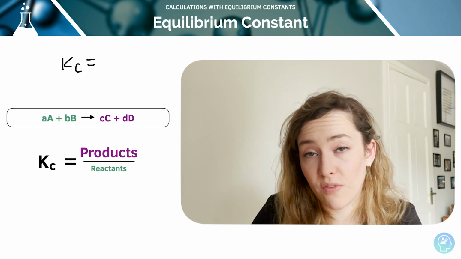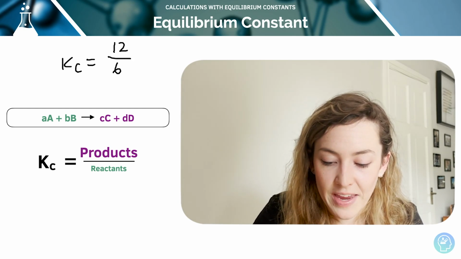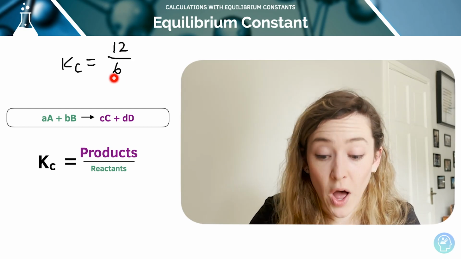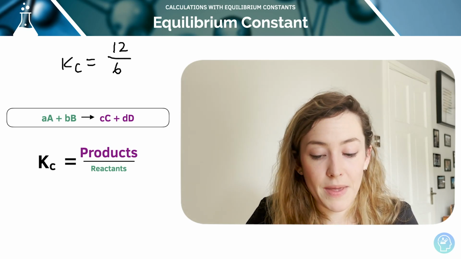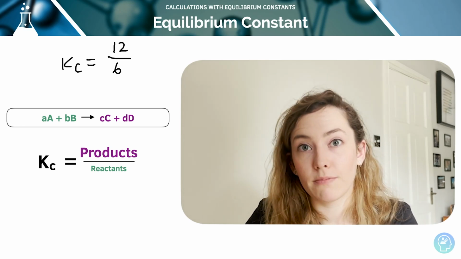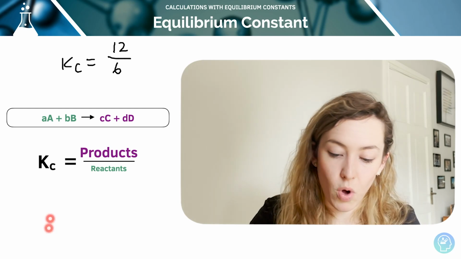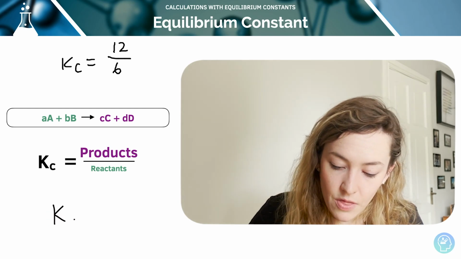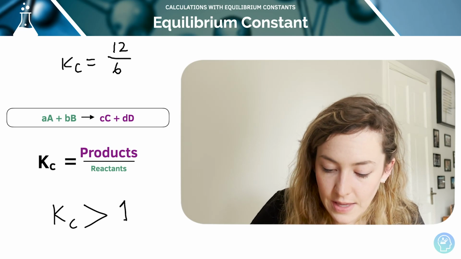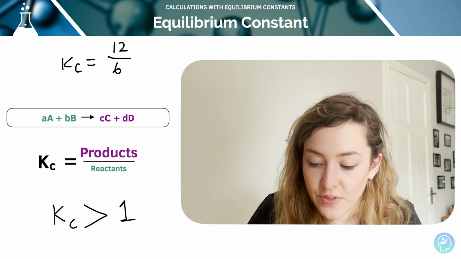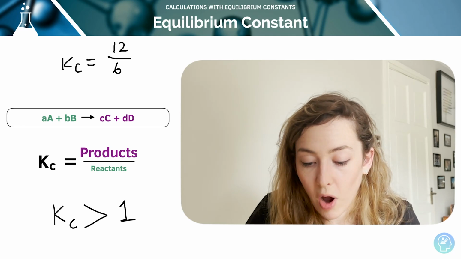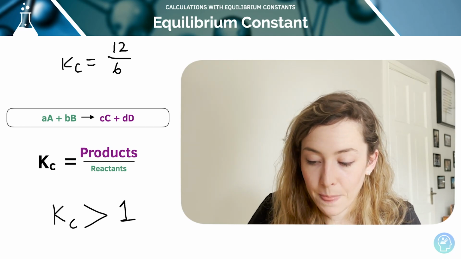This is what I sometimes do if I'm under pressure. So let's just put some fake numbers in. So let me put 12, so a higher number than I do on the lower. Kc is going to be a number above 1. So we can say that if Kc is above 1, then the position of equilibrium is shifted more to the right, okay?